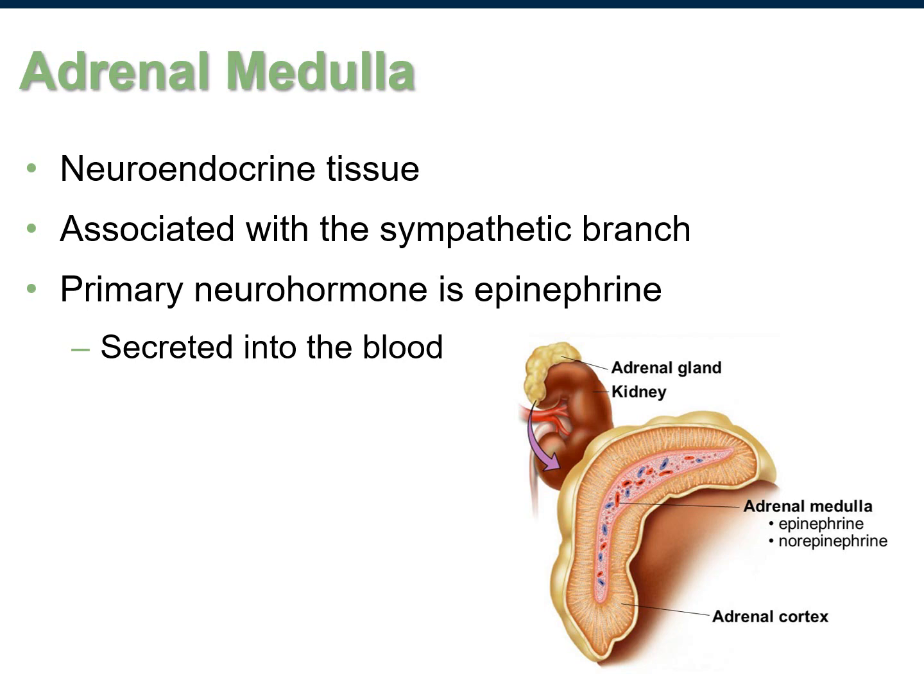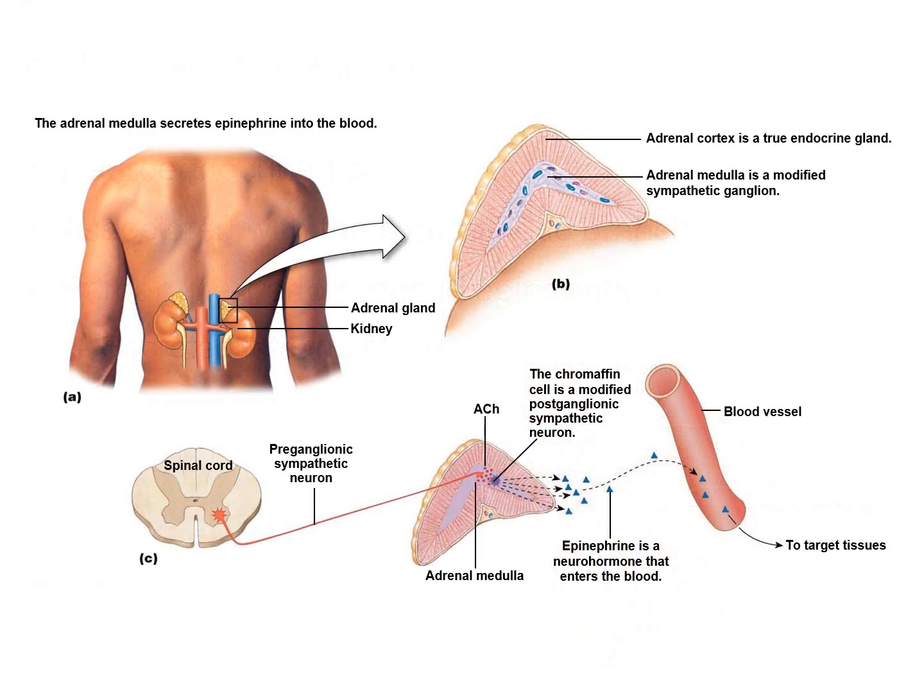So let's look at this pathway. These cells are like the second neuron in the neuronal pathways that we've talked about. So here's the first neuron. Here is the preganglionic sympathetic neuron. And just like before, we have a cholinergic synapse in the adrenal medulla.